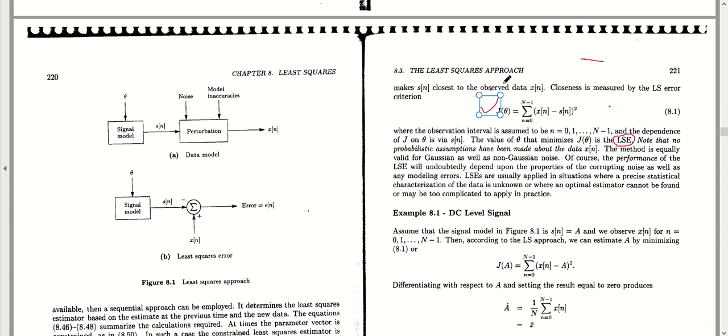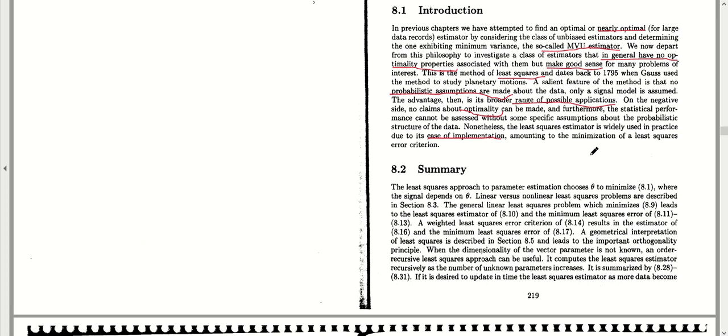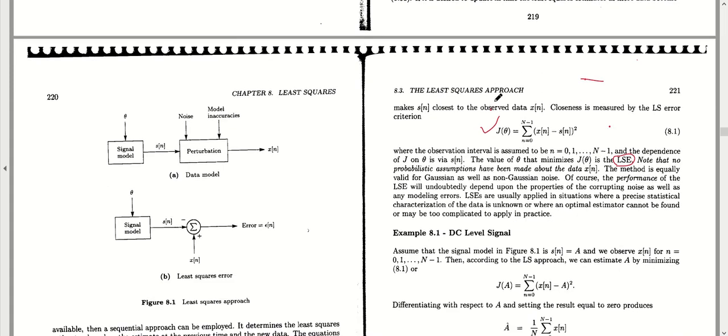This is the first time we write out an estimator without even writing the signal model. So that is the thing about this estimator. It has no probabilistic assumptions, but it loses the optimality. It has its upside and downside, pros and cons.